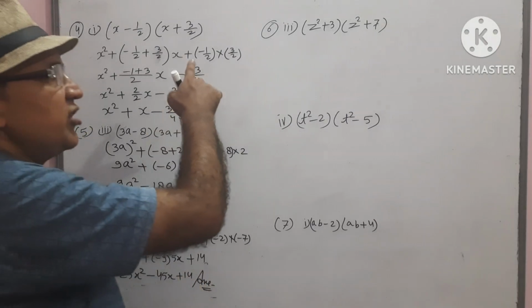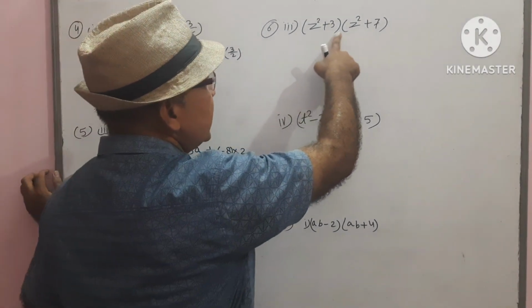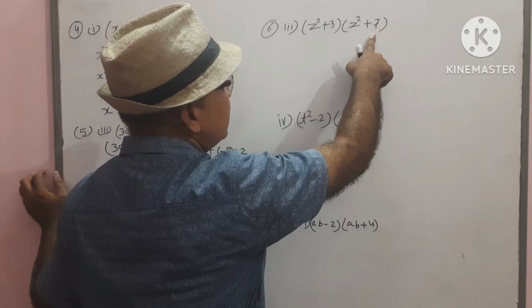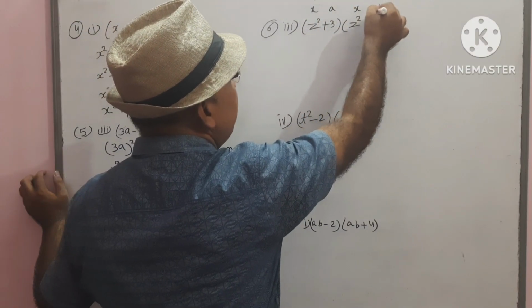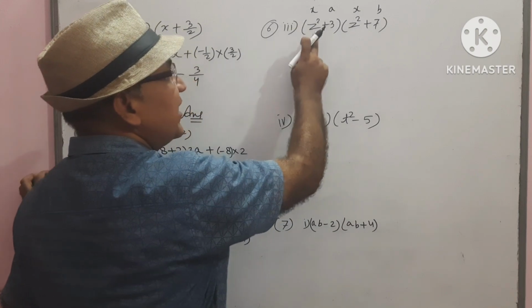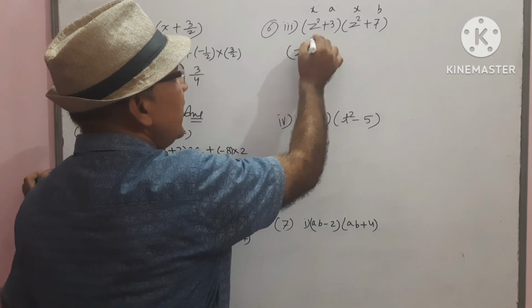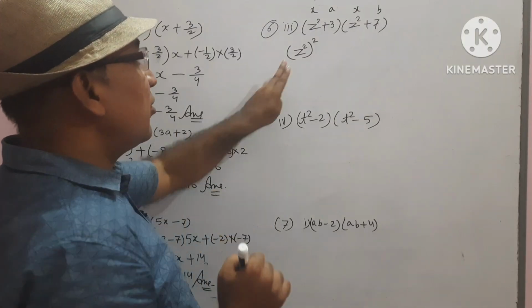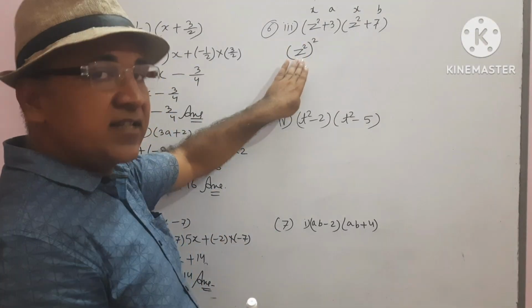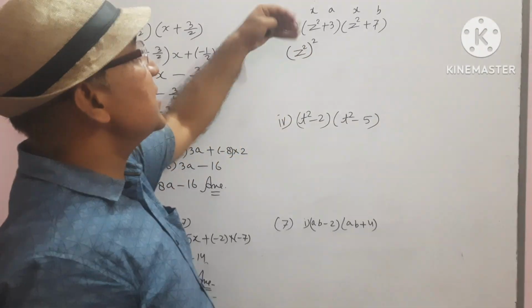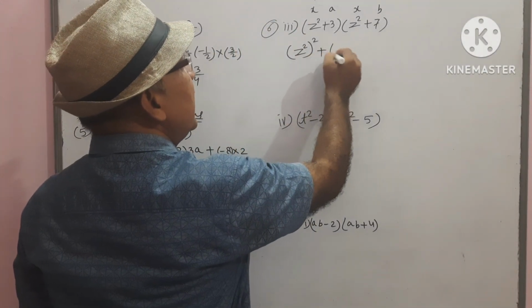Okay. Now see question number 6, part 3. z square plus 3 is multiplied with z square plus 7. Again it is looking like x plus a into x plus b. At the place of x there is z square. So z square whole square, because we have to write x square, and at the place of x there is z square. So we will write z square whole square plus a plus b into x.